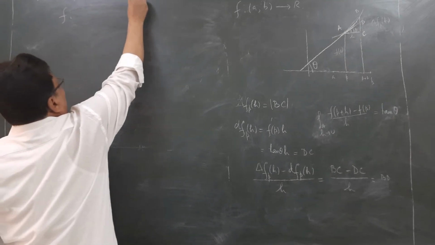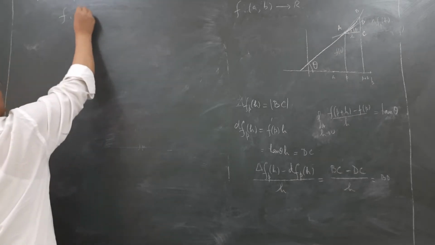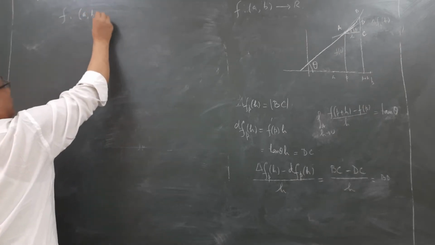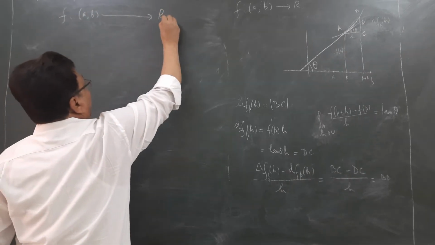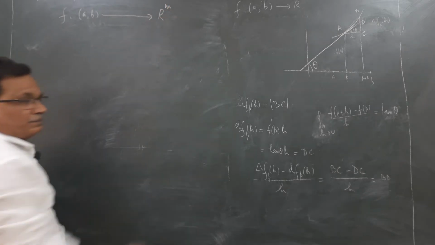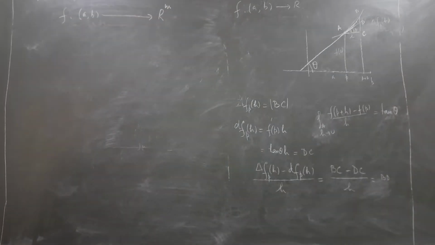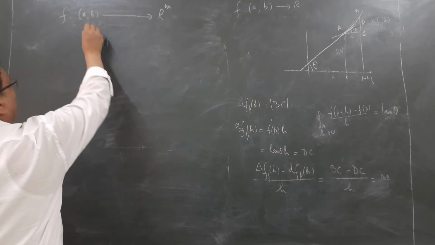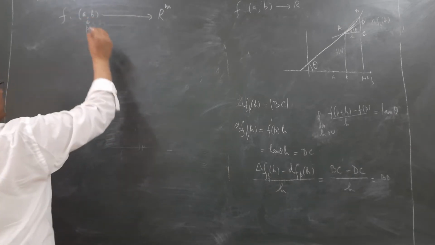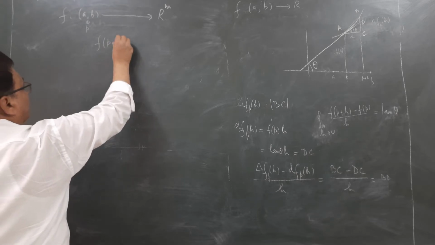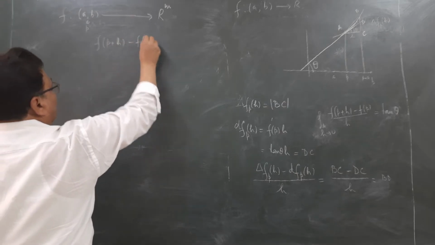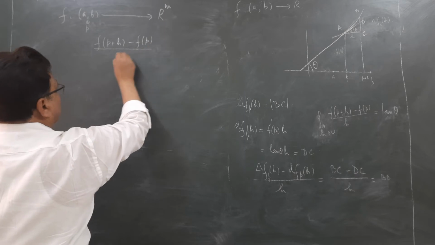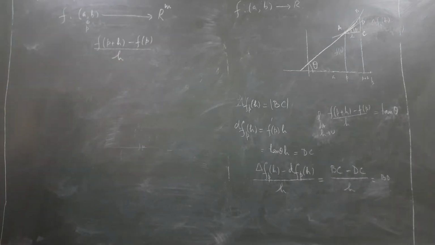consider functions from an open interval AB into Rm. Now look at the expression f of p plus h minus f of p upon h, where p is a point in AB. Now it still makes sense.